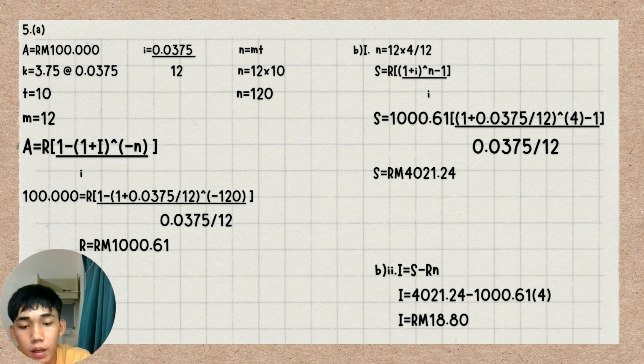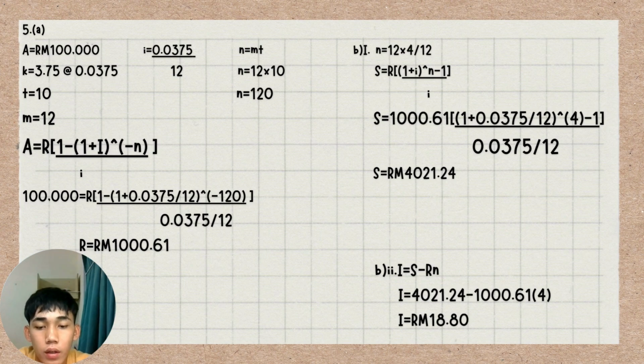By using the value of R that we just solved from question 5A, put all the values into the formula, and we will get the answer, which is RM 4,021 ringgit 24 cents.